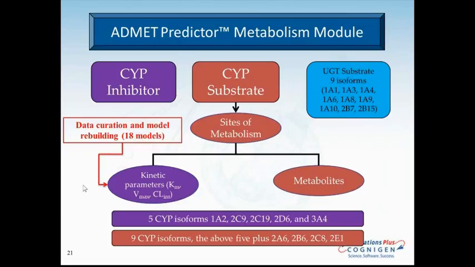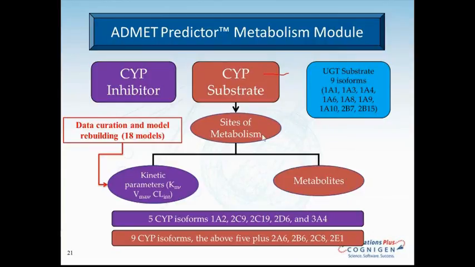Okay, so this slide represents the predictions in our metabolism module. And the reason I'm going over this at this point, I'm going to come back to the HLM data set, but I just want to review our metabolism module. The first thing we do is predict if a compound is a substrate of 9 different isoforms of cytochrome P450.